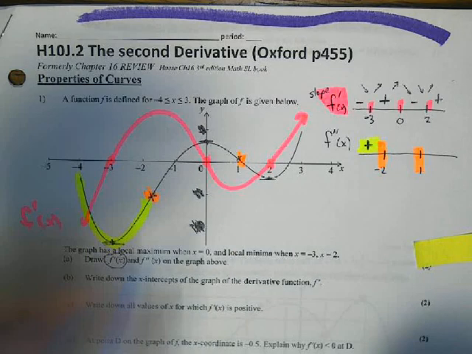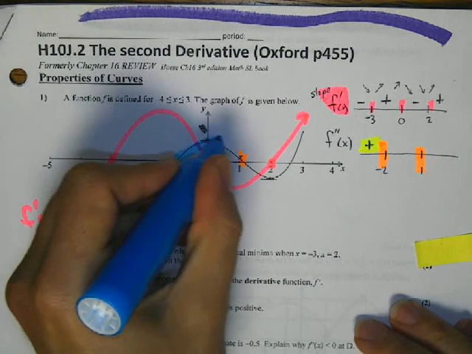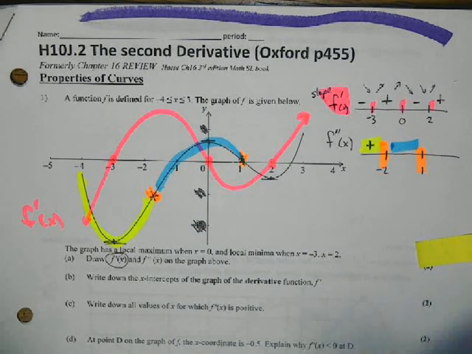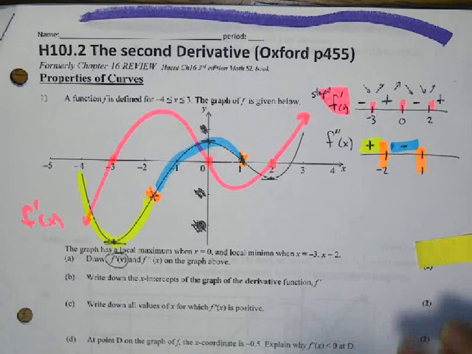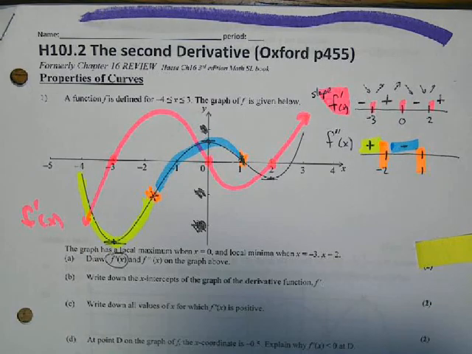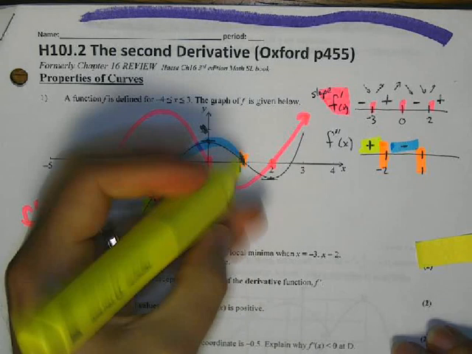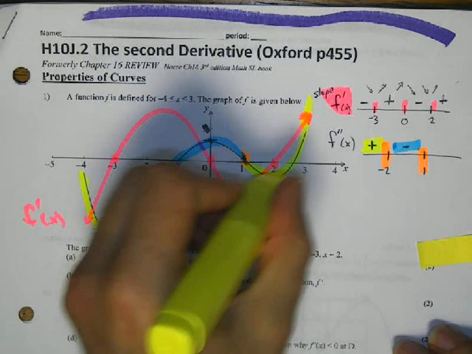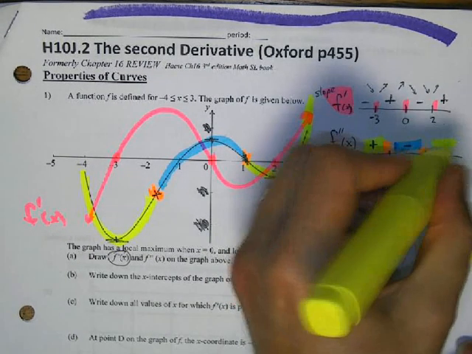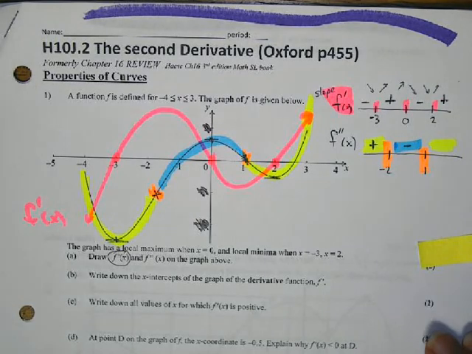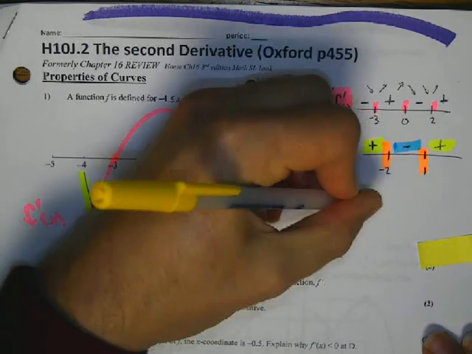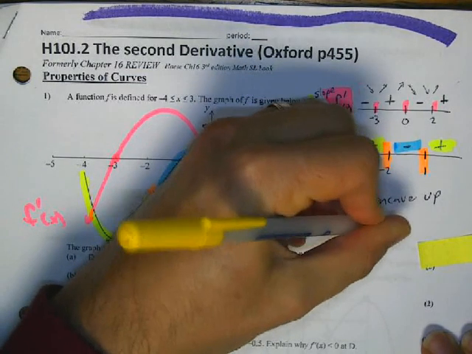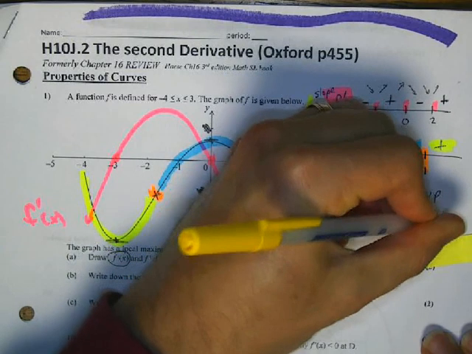The slope starts going less and less until it gets to there. So here we have concave down, and then the slope starts to increase again, and we have concave up. So concave up, concave down.